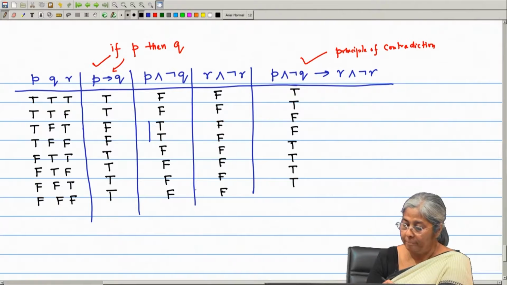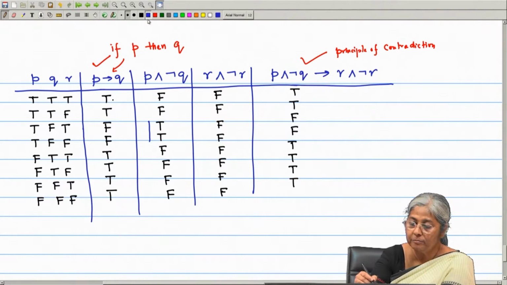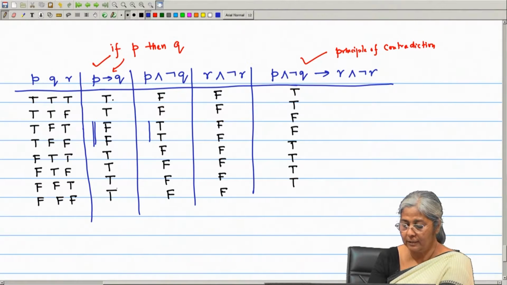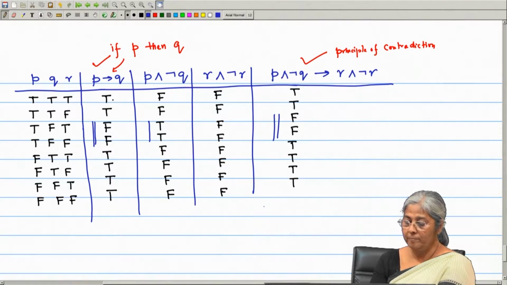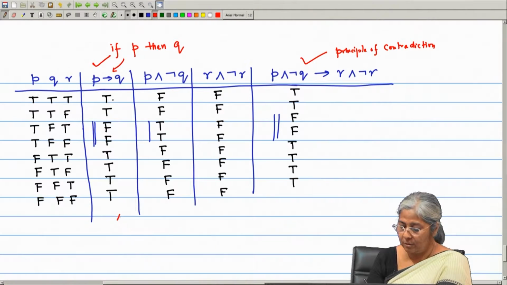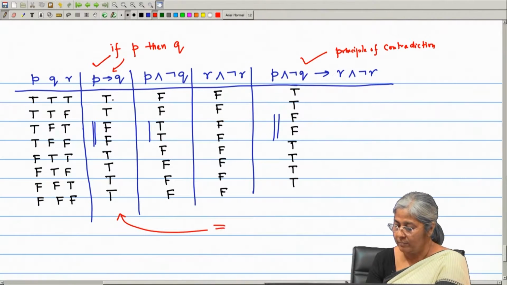So, we see from P implies Q, the second column, T T, F F, F F and again the remaining T T, F F and T. So, these two are equivalent. We see that this column and this column are equivalent.